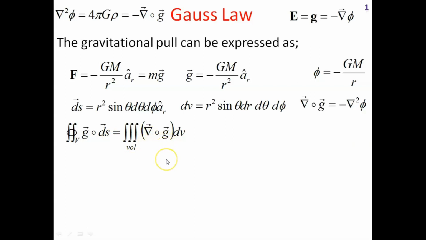So this is what Gauss law is, and this time the concerned vector field is acceleration due to gravity, and now we shall work out both sides of the Gauss divergence theorem.